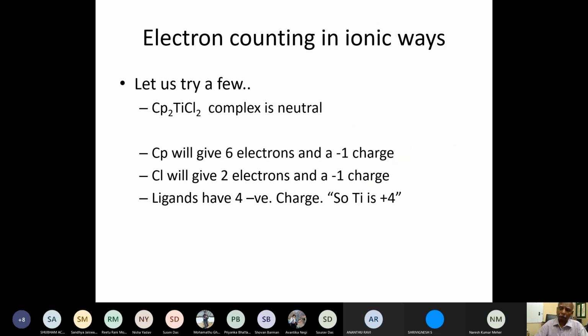This is a bit strange sometimes because the metal can be more electronegative than the group, carbon or hydrogen. Electronegativity is basically the ability of a metal to pull electrons to itself, and it depends on other groups which are present.